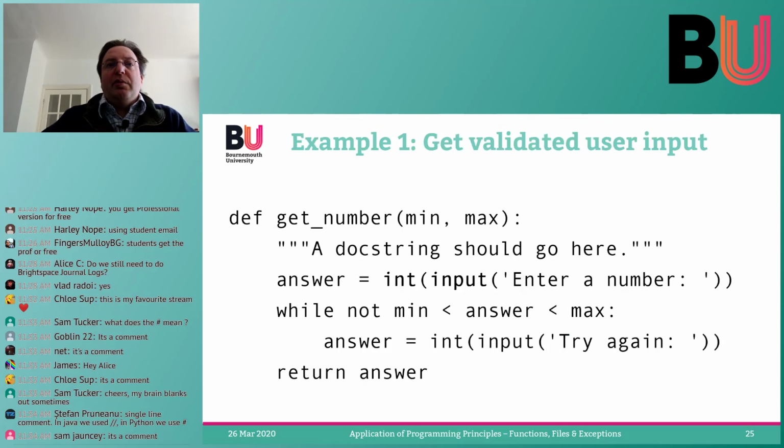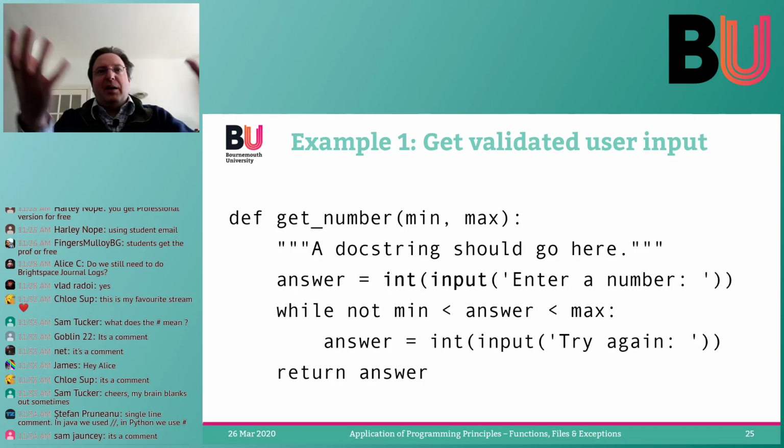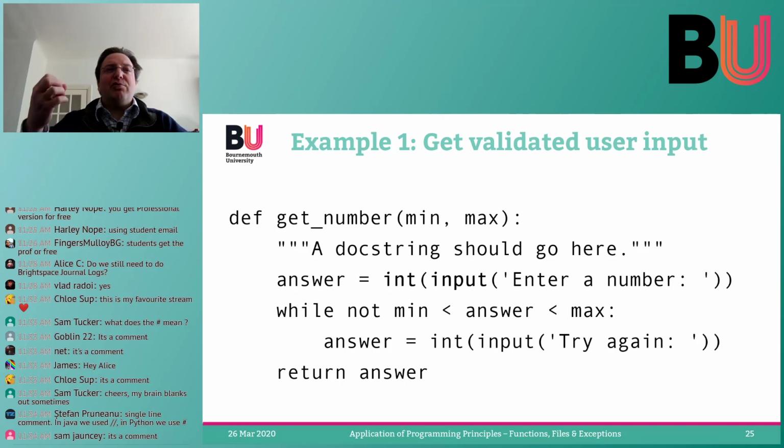So one of the things that you might want to do in cases is like, okay, I need to get a lot of user input. You might say, okay, every time you get that, I'm just going to do that then and there. But it's much easier to define a function such as getNumber, where we can say, okay, I just have a function that gets me numbers between a minimum and a maximum.